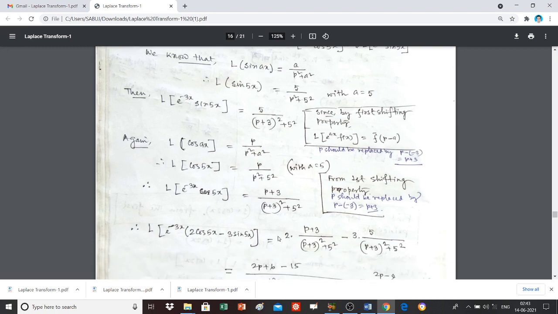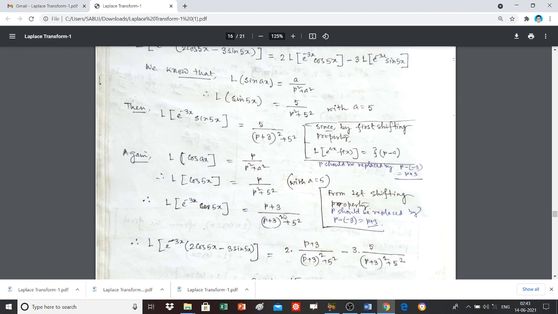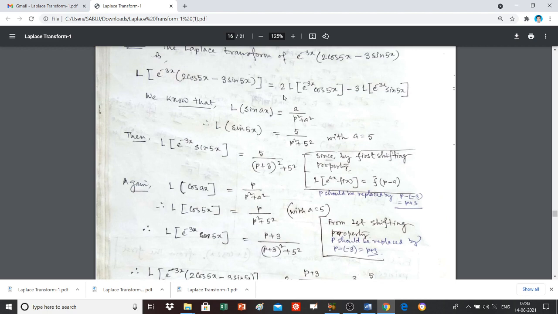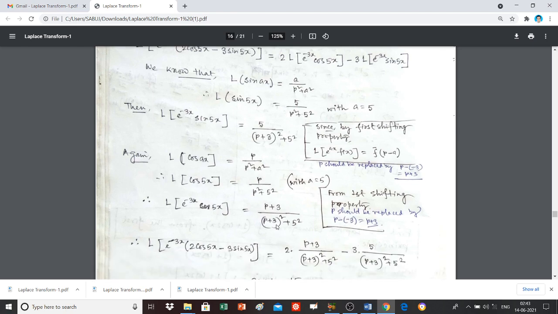So now I have to substitute the value of these. Then you can have the value of Laplace transform of e to the minus 3x times 2 cos 5x minus 3 sin 5x, that is equal to, first you have to write, since you have already obtained this expression, 2 into Laplace transform of these, that means 2 into p plus 3 by p plus 3 whole square plus 5 square, and then minus 3 into 5 by p plus 3 whole square plus 5 square.